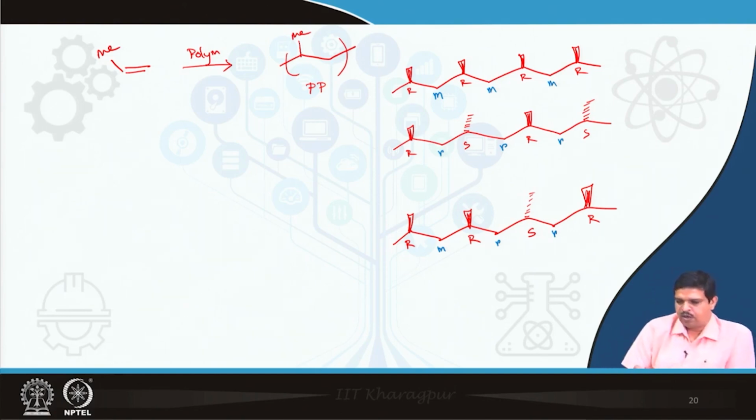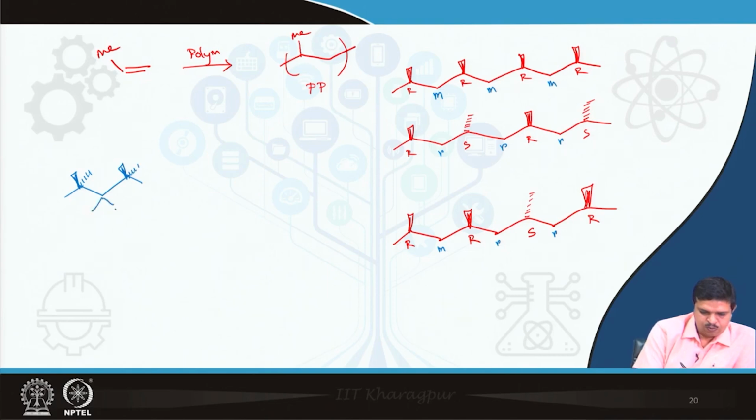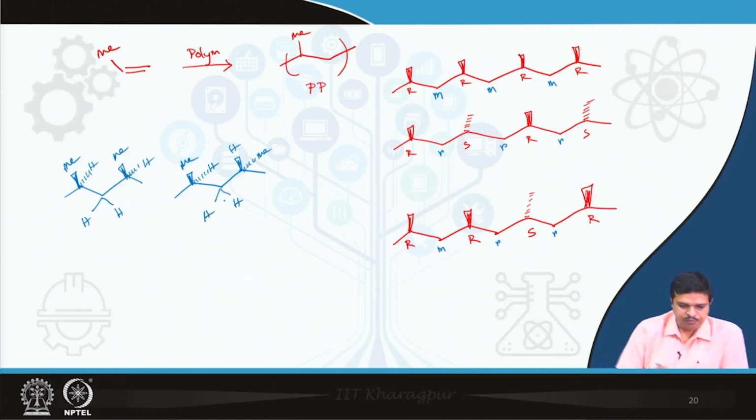If you see like that, let us say the methyl group is above, and this one is methyl below H, and this is my H. Now, you will see that in this case the methyl and methyl groups are above the plane.